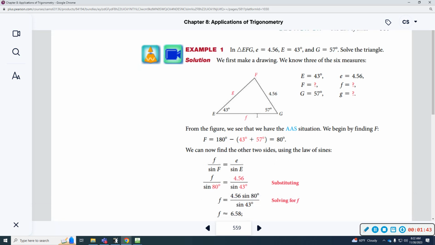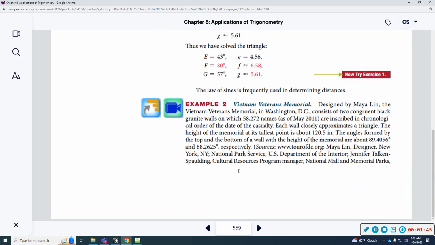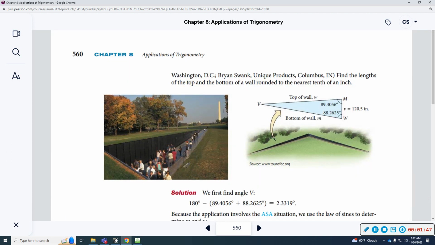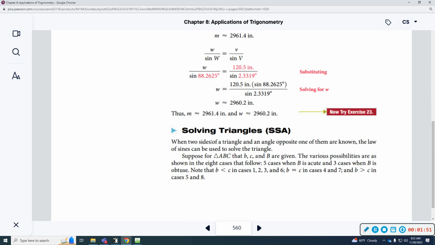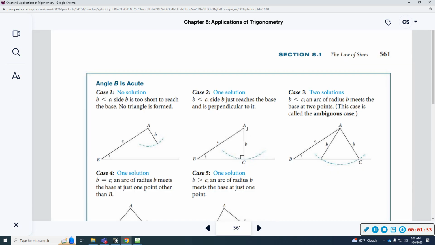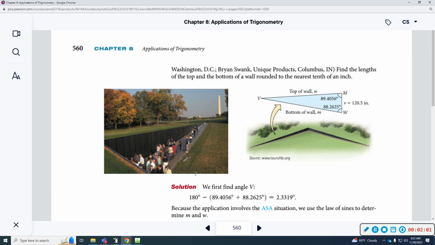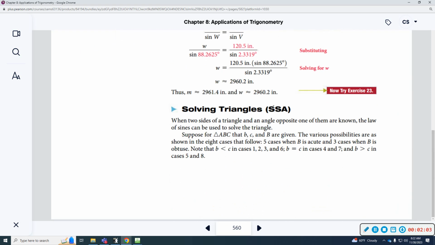The most important part that we want to focus on is the examples that they give us, and I'm looking for the diagram here. So this is when we have two sides and an angle given.